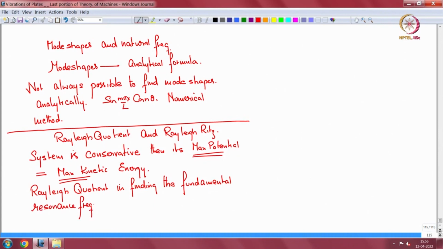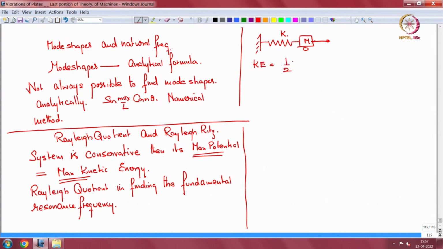We must have seen this before in single degree of freedom systems. If I have, let us say, a spring mass system and it is freely oscillating, let this be m, let this be k, then the kinetic energy is 1/2 m x dot square and the potential energy is 1/2 k x square.